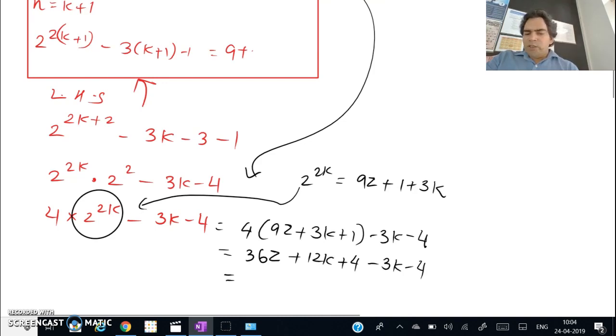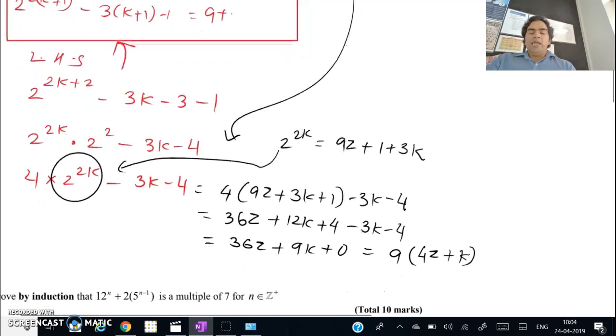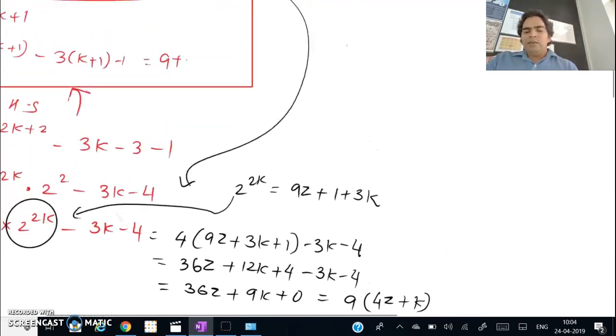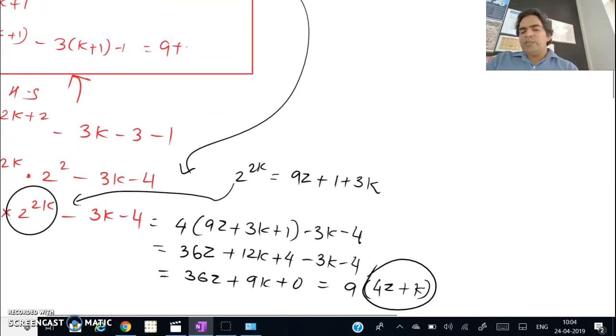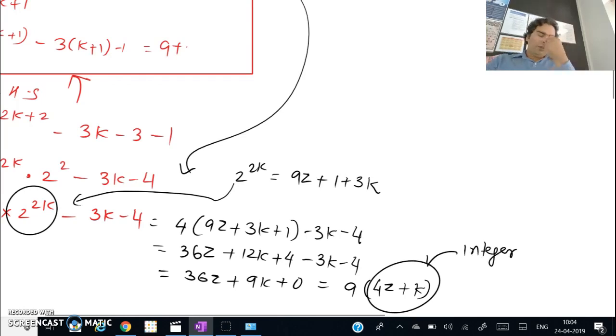So this is 36z plus 9k plus 0. Now if I take 9 common from here, it becomes 9 times (4z plus k). Because we know that k is an integer as well as z is an integer, this has to be an integer multiple. Hence we proved it for n equals k plus 1.